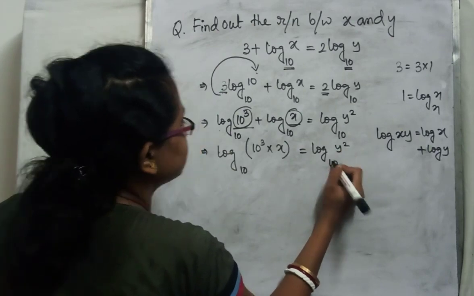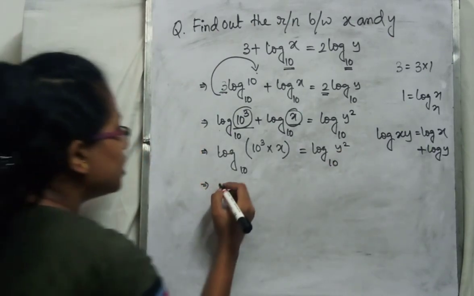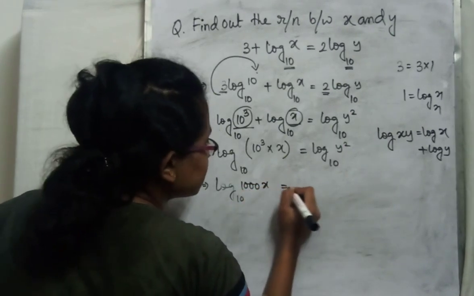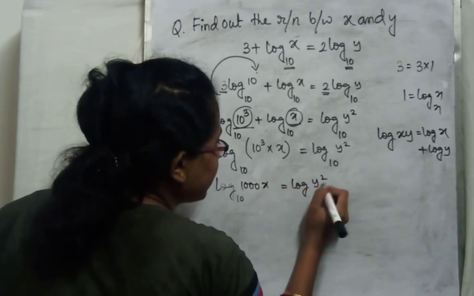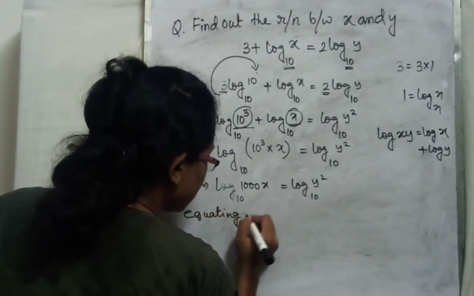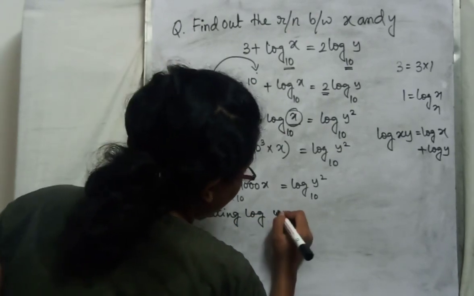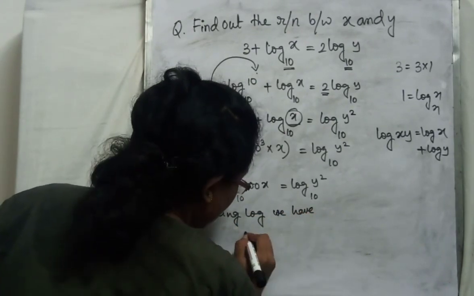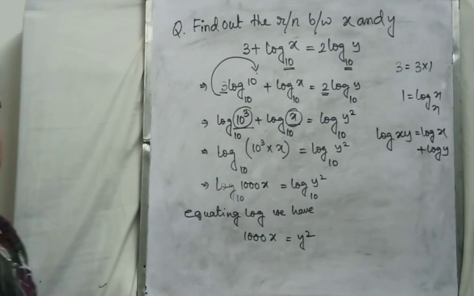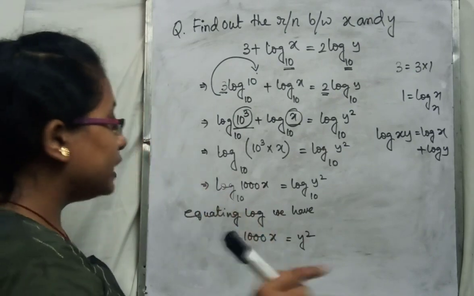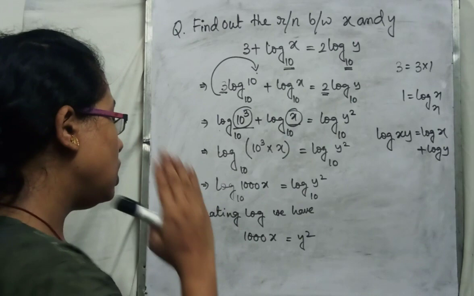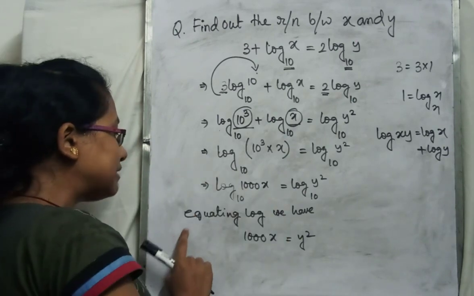Isn't it now? Okay, so now we can write log of 1000x equal to log y squared base 10, and equating log, we have 1000x equal to y squared, and this is the relation between x and y. But see, here you have log and log, you can't cut log and log. So you have to write this thing equating log.